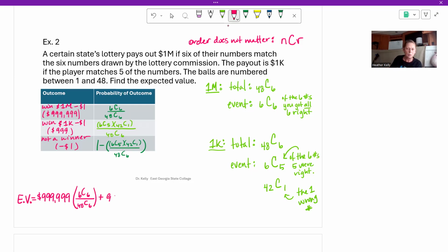Plus our 999 times this. Minus 1, because that's a minus 1 there. So I'm just going to say minus 1 times this.